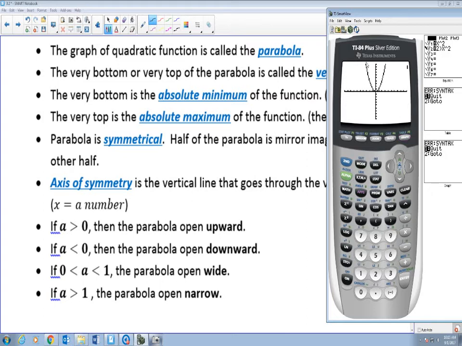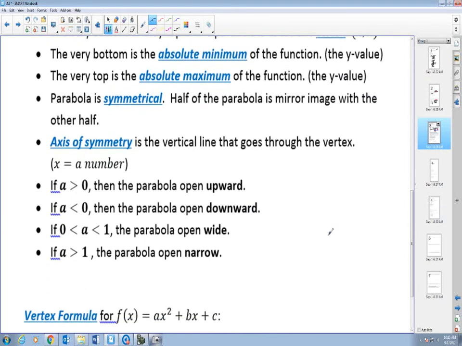Regular x squared, and that's the 2x squared. The y value shoots up faster. Okay, that's what it means. So these four things here are looking at the signs and the numerical value of the leading coefficient. It does affect what the parabola is doing.